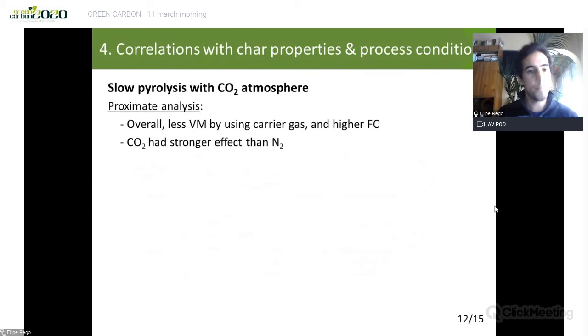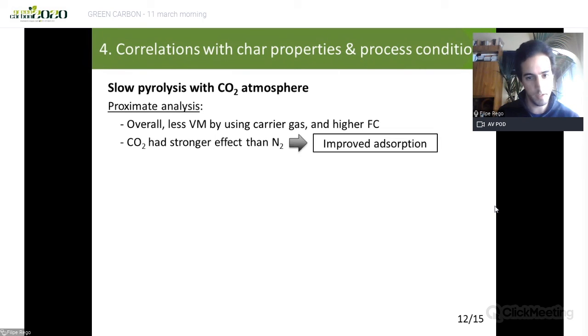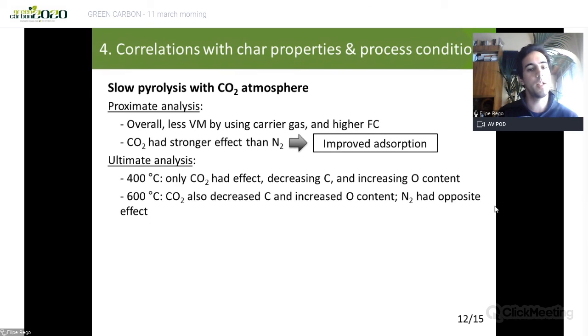Thank you. So for the chars from using CO2, overall, I found lower volatile matter content, and that the CO2 had a stronger effect than the other options. This was again connected to that improved adsorption I found before. As for the ultimate analysis, at the lowest temperature, CO2 had an effect and nitrogen did not.